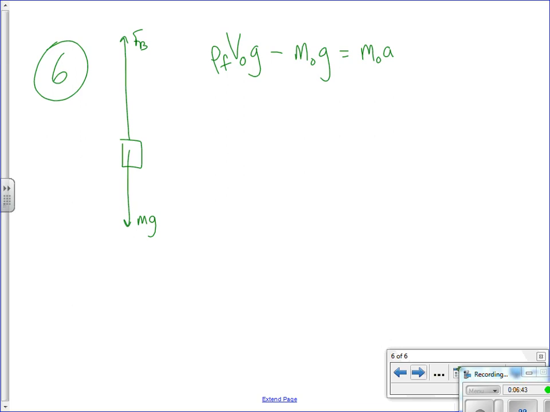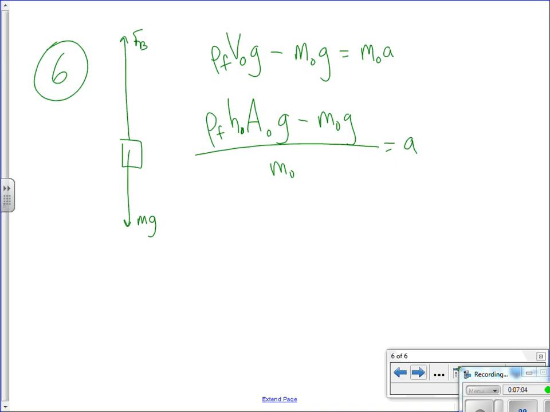Now V object is height object times the area of the object. It's a cylinder. So rho fluid V object G minus M object G, divided by M object, equals A. I believe that's how I would do this one.